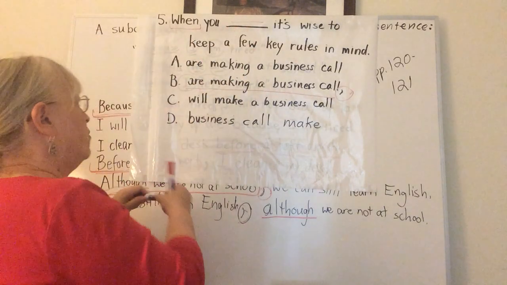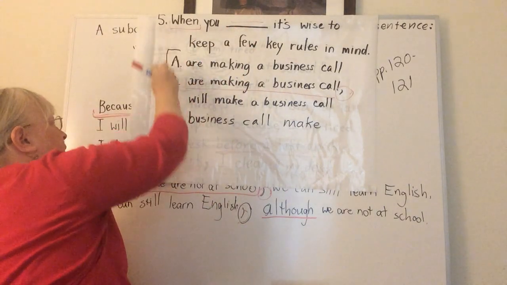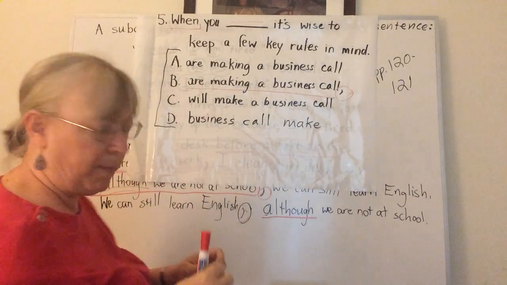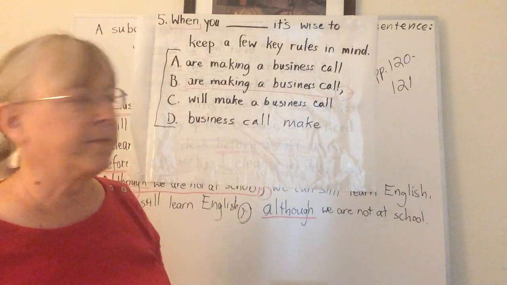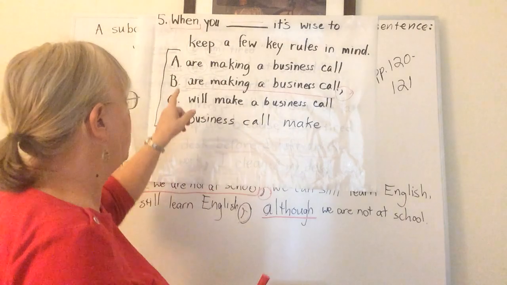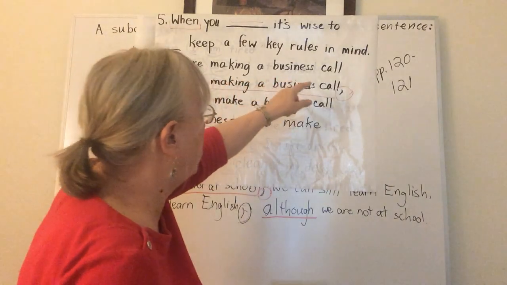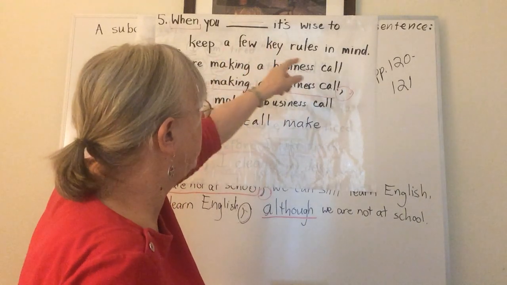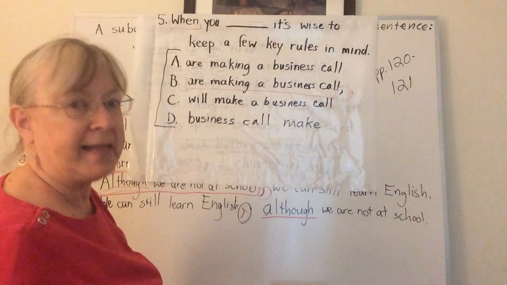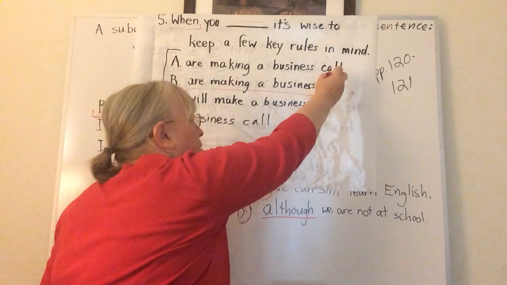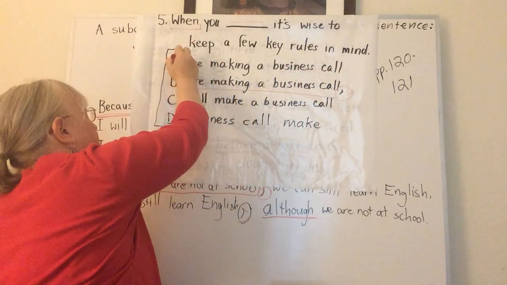So that means we look at the answers, and anything that does not have a comma, we can eliminate. So, when you are making a business call, it's wise to keep a few key rules in mind. That sounds good, but look, there's no comma. So we can eliminate A.